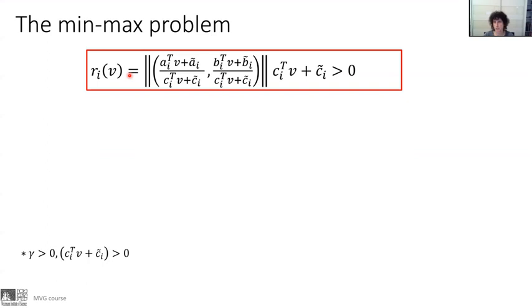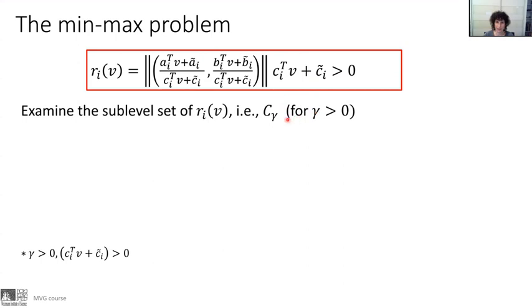How do we show that a function is quasi-convex? Any idea? By definition, a function is quasi-convex if its sub-level sets are convex sets. So I would like to take this function, and under this constraint, show that for a given gamma, the sub-level set C_gamma is a convex set. Is this clear?